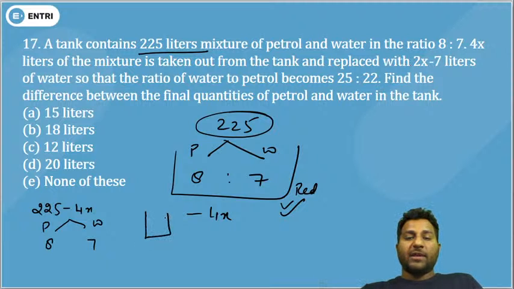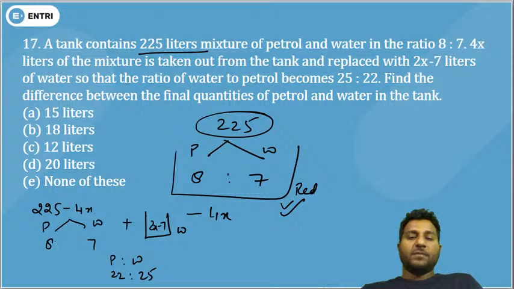Now replace with 2x minus 7 of water. So water has been added, 2x minus 7 water has been added. So let's add this, so that the ratio of water to petrol becomes, so water to petrol, that means petrol to water will be 22:25. Okay, so let's find out how you are going to solve this kind of question.